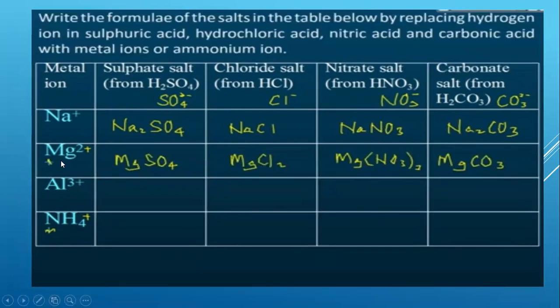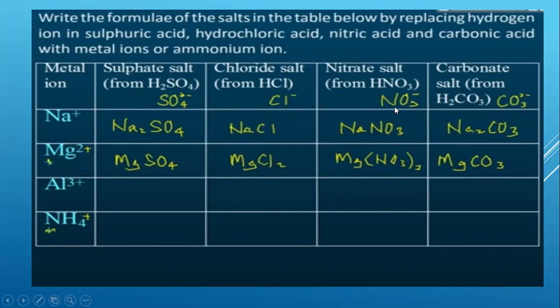In the next, magnesium plus 2 is a metal ion. It reacts with sulfate ions from sulfuric acid and produces magnesium sulfate. Similarly, it gains chloride ions and forms magnesium chloride.